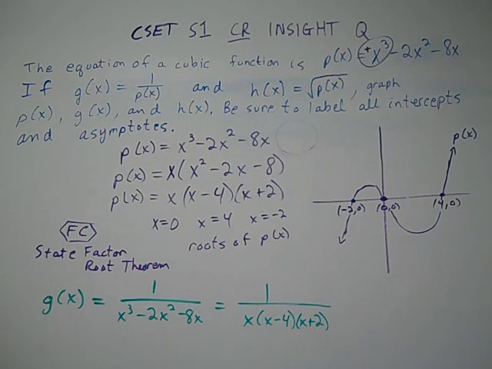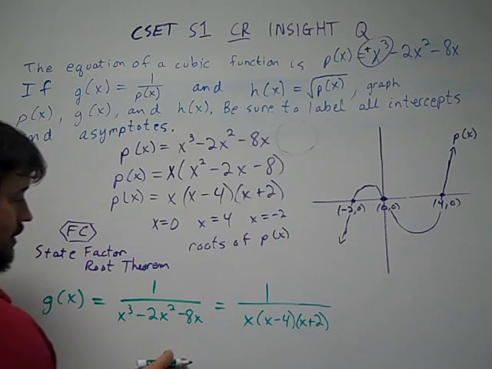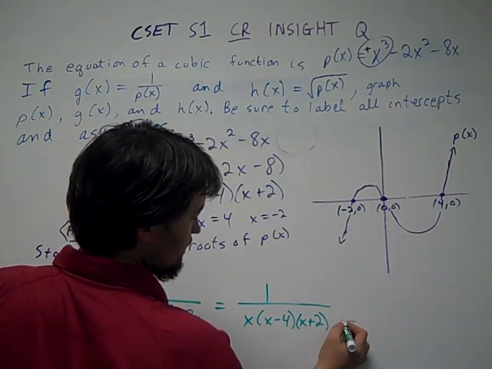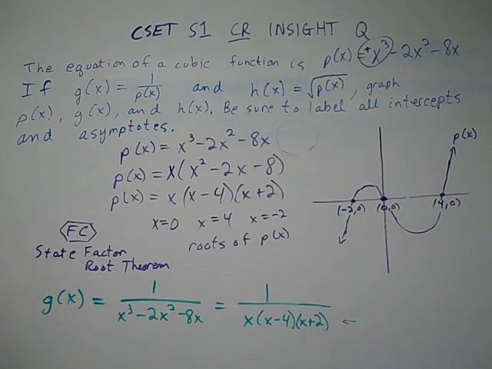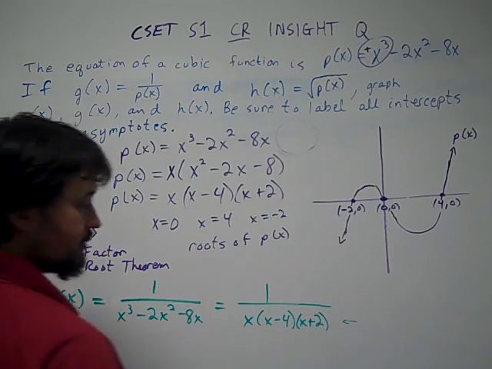And what we see is, with the rational functions, on the bottom, you set that equal to 0, and that gives you the discontinuities. And what the discontinuities really represent are the vertical asymptotes.